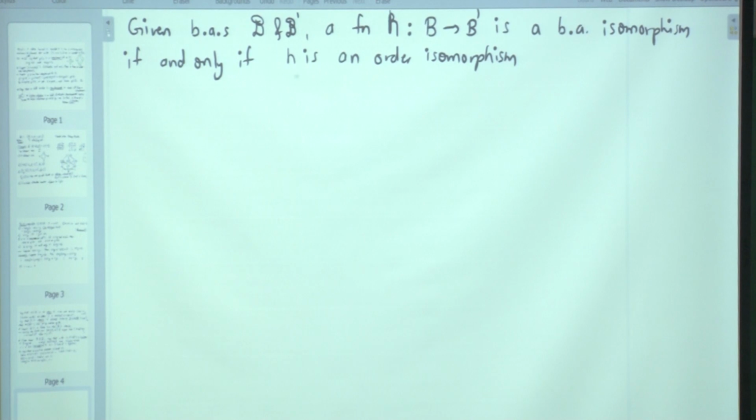When I am talking about an order isomorphism, I simply mean this: B less equal to B dash less equal.